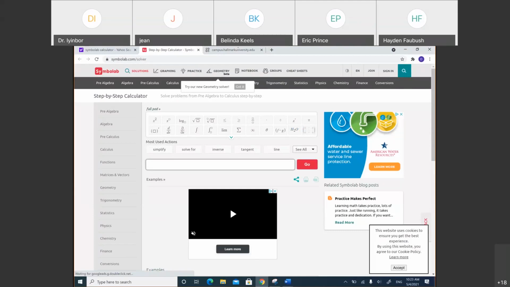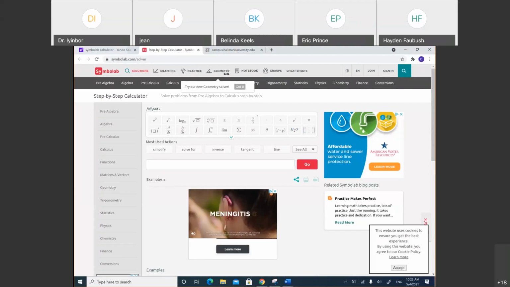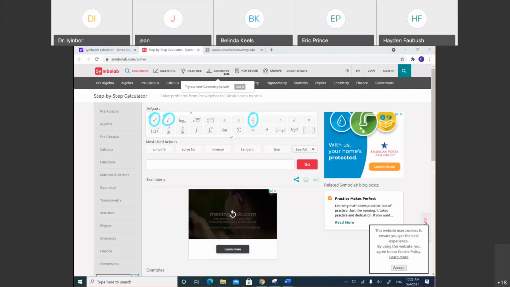You can work with fractions, so you can put fractions here. You can do squares, any exponent, square root, cube root, fourth root, anything you have. We're going to do logarithms later on, okay? So there are a lot of things you can do.